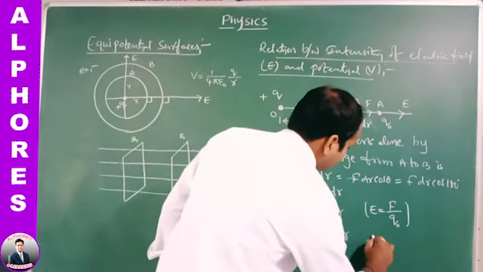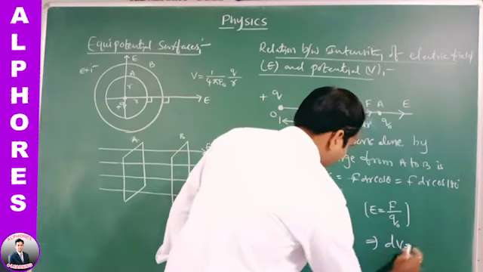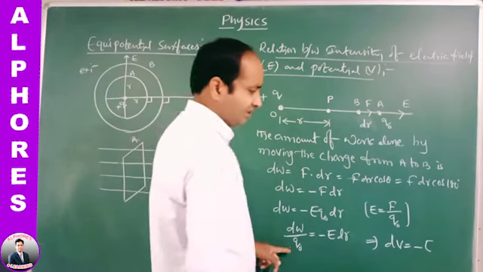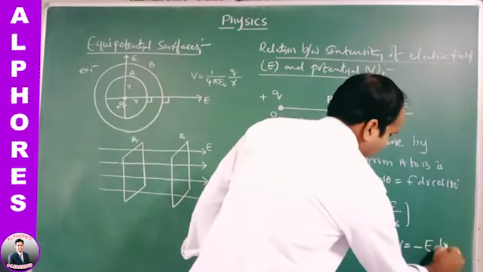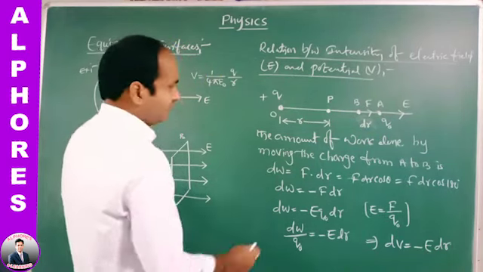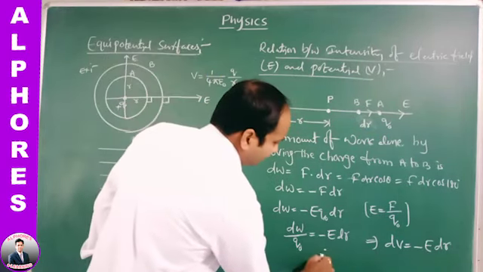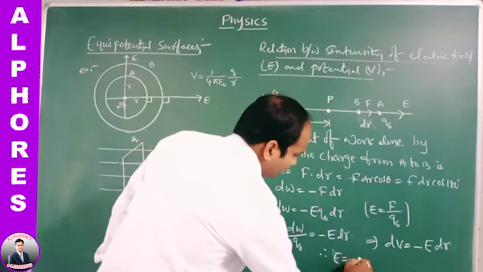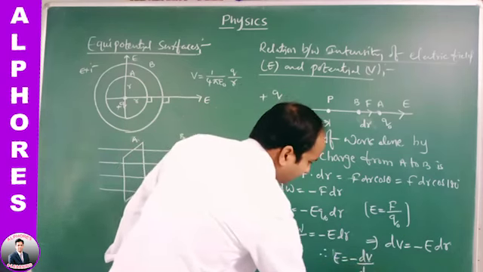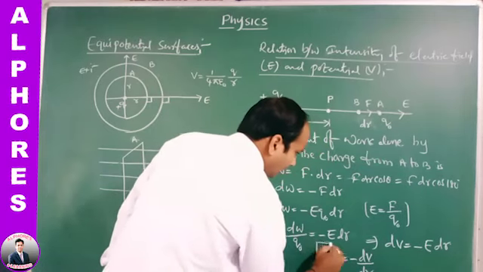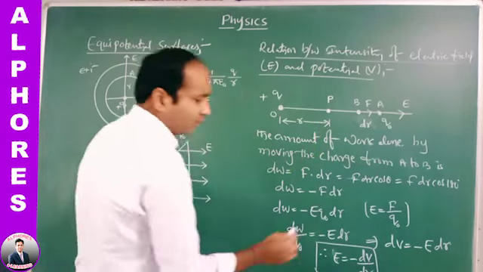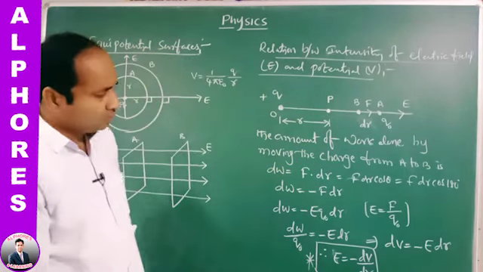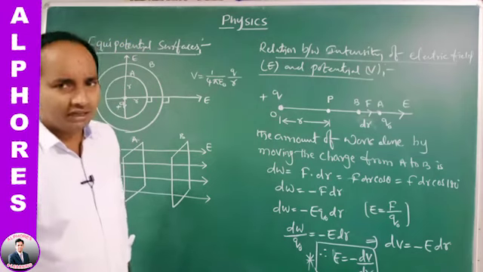That implies dV is equal to minus E dr. Therefore, we may write E is equal to minus dV by dr. This is a very, very important relation. E is equal to minus dV by dr.